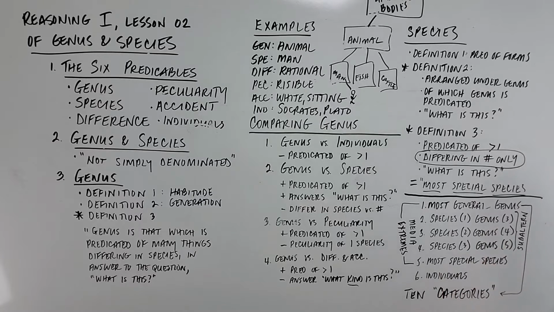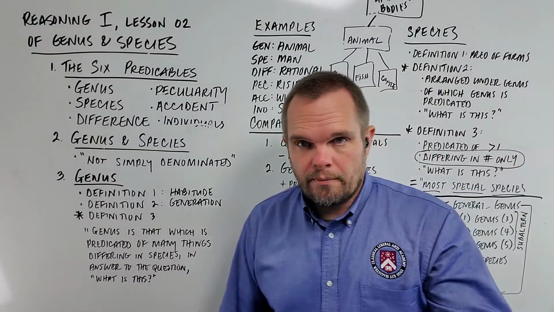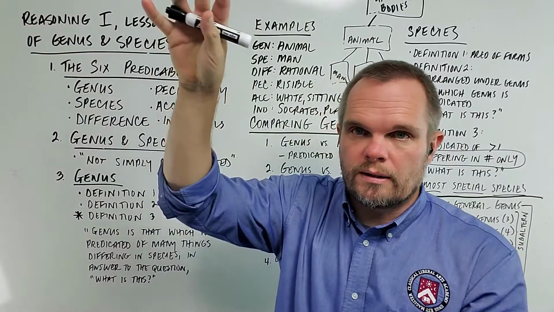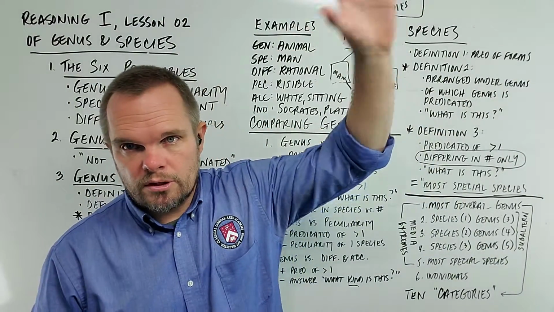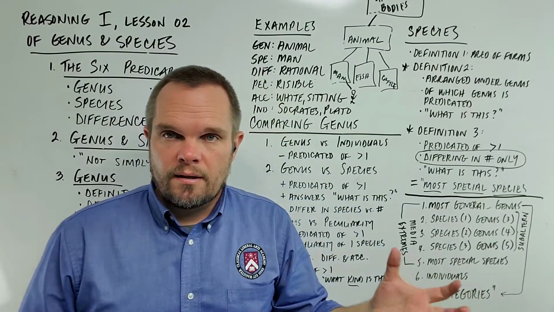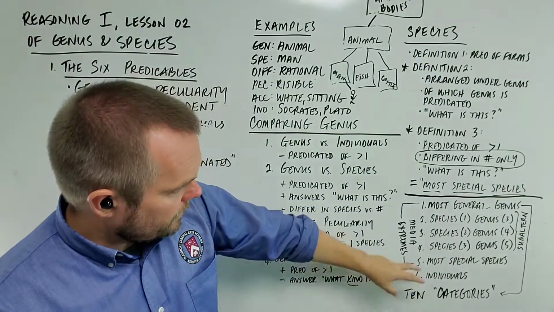Then just a couple more terms that Porphyry uses that you'll see in your lesson. The most general genus and the most special species are called extremes. It's like the bottom and the top of the tree of Porphyry. They're the extremes. The most general genus is one extreme. The most special species is the other extreme.